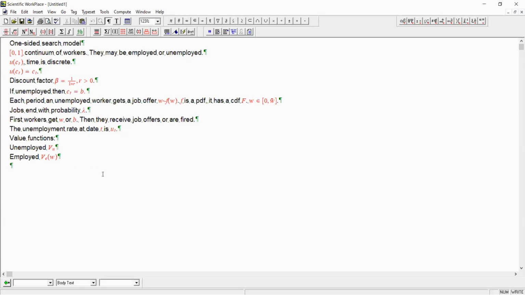Now let's start out by writing V_E. And here comes another useful convention that occurs in the discussion of search models. It's a convention that's going to be a bit different from what you would normally see in a dynamic programming model.